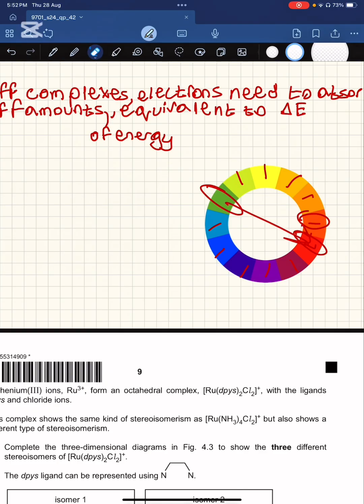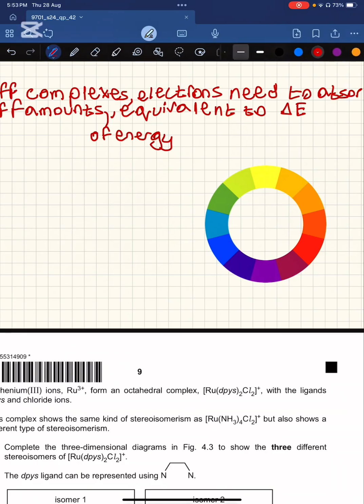So, if an electron absorbs green light, it will reflect red light or orange light, whatever is the opposite of this light. Similarly, this is the thing which we see in plants. People who take biology A level will understand this. Chlorophyll A and chlorophyll B absorb light present in the violet and the blue regions. Since they absorb light in the violet region, this is why they reflect green color.